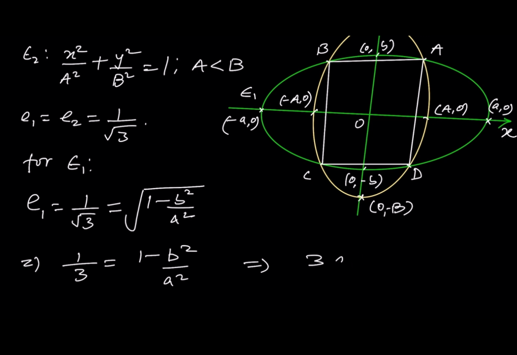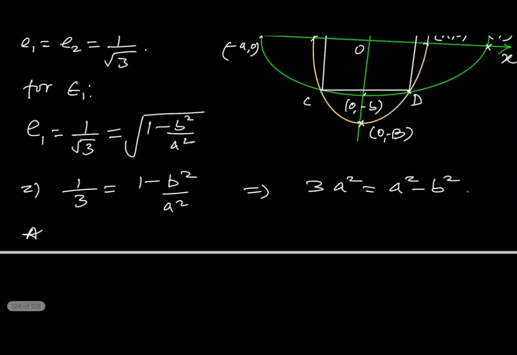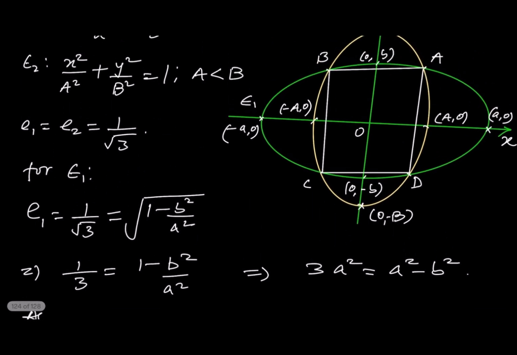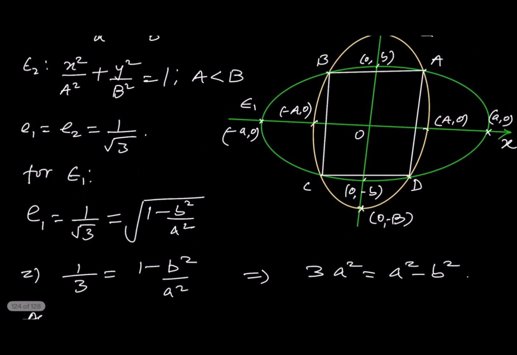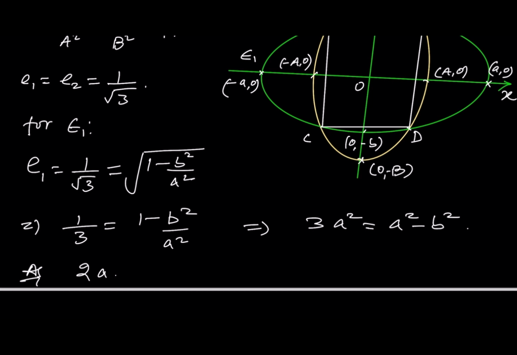Also it is given that the distance between the foci for ellipse 1 is 4, that is 2ae1 is equal to 4, meaning ae1 is equal to 2, right?